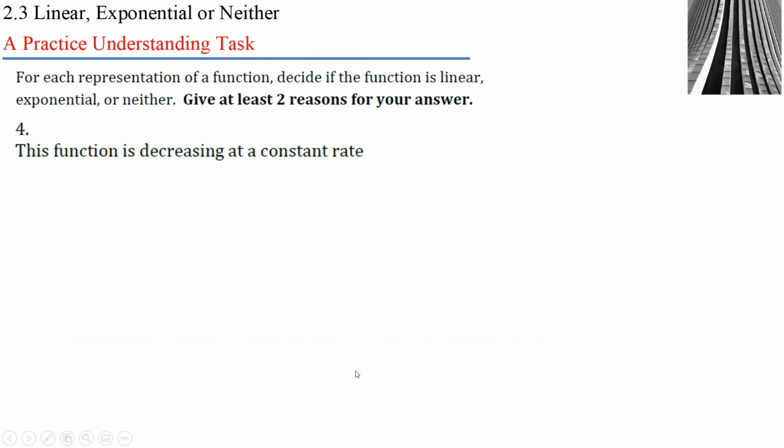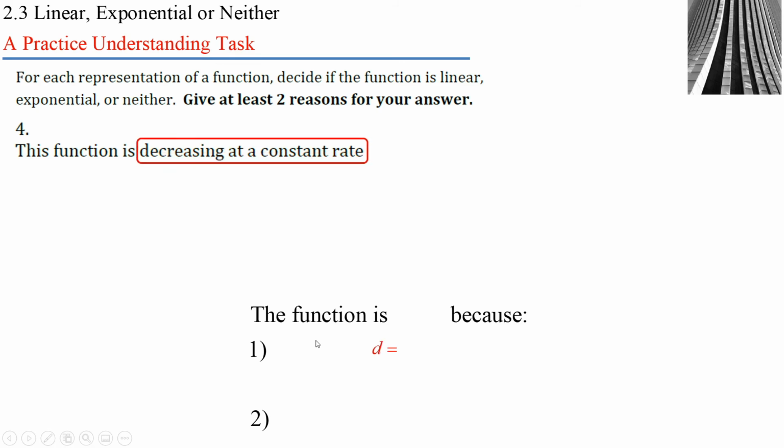Okay, number 4. All they told us is that this function is decreasing at a constant rate. Well, doesn't that mean I have a common difference? All right, so let's think about this a second. If I'm decreasing at a constant rate, that tells me I have a common difference, and since I'm decreasing, that common difference would be a negative number.